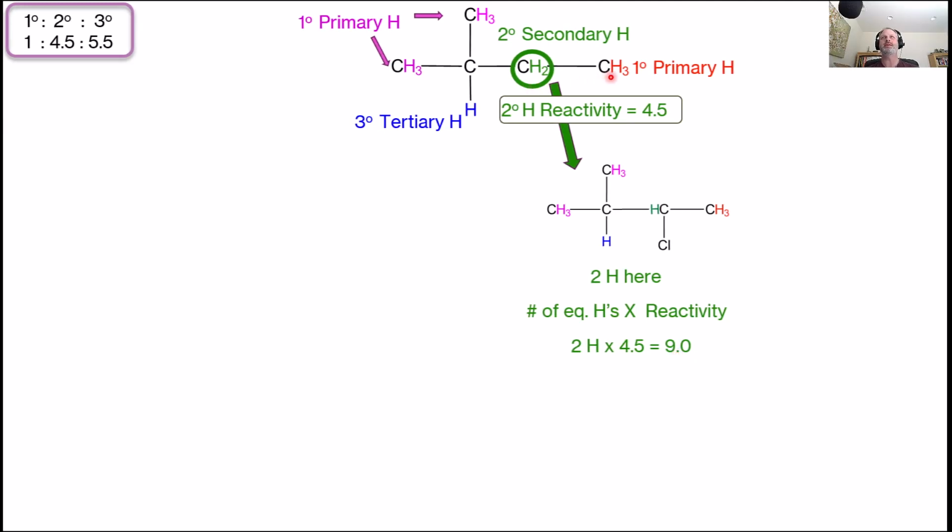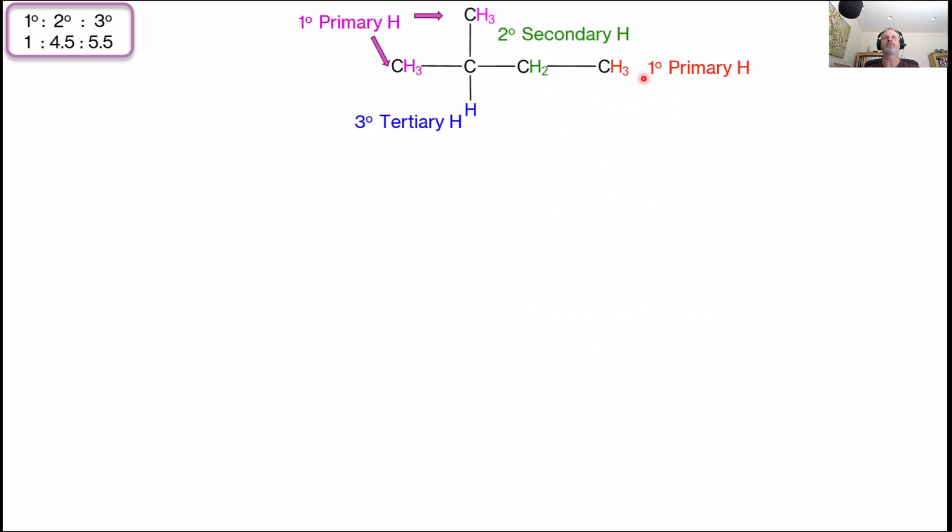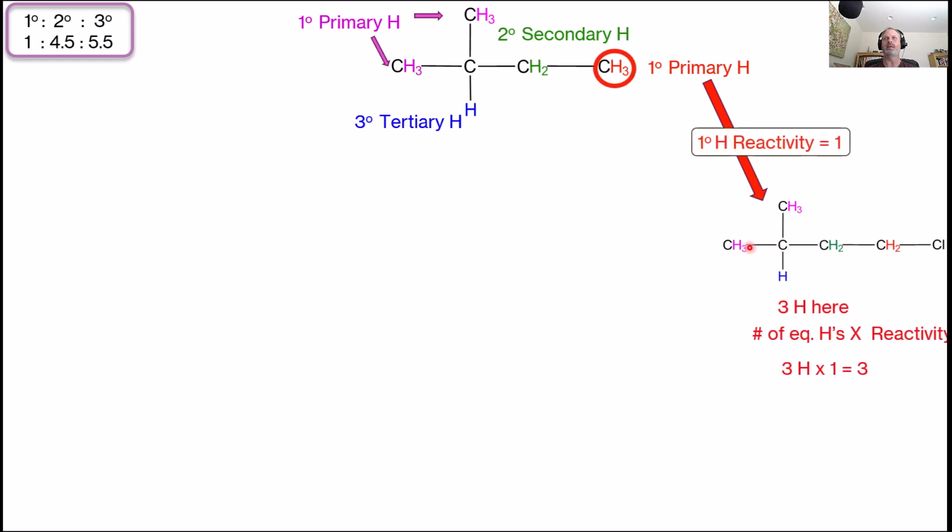And if we continue down the line here, we can analyze this primary position. Here we have 3 H's that are equivalent. Removing any one of them will lead to this product, which is 1-chloro-3-methylbutane. And the reactivity, as we saw before, has a factor of 1. 3 H's in total, so 3 H's times 1 gives us 3.